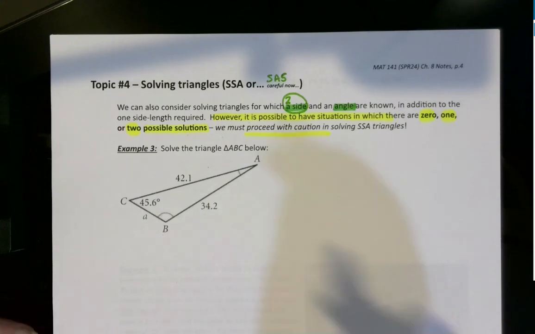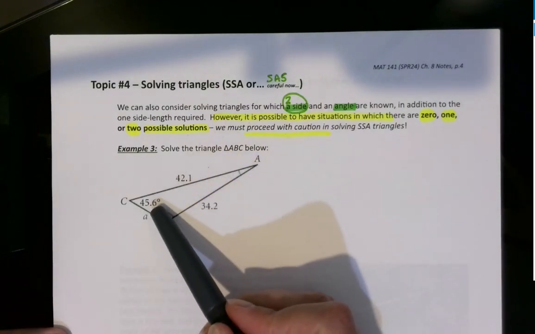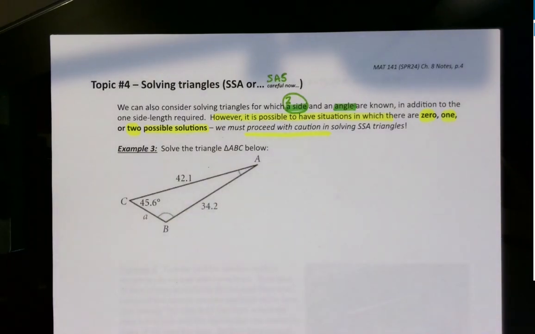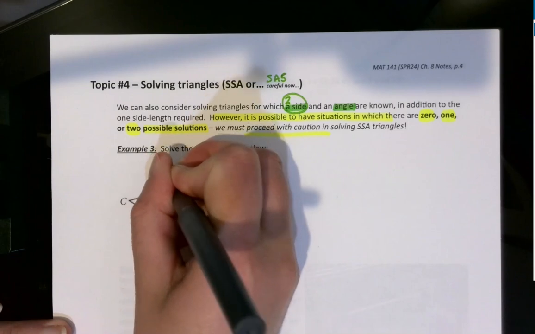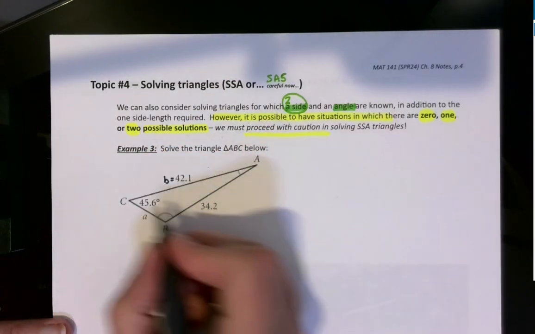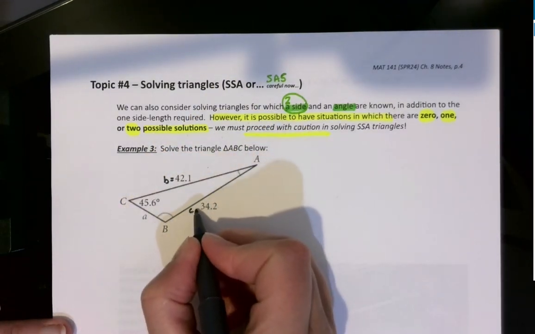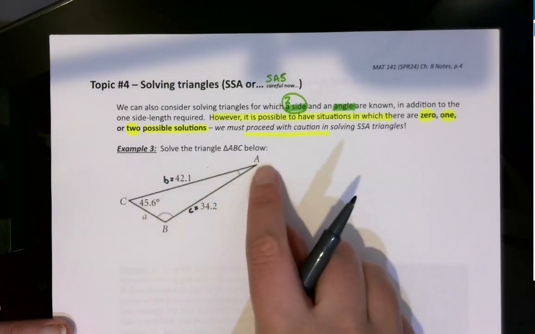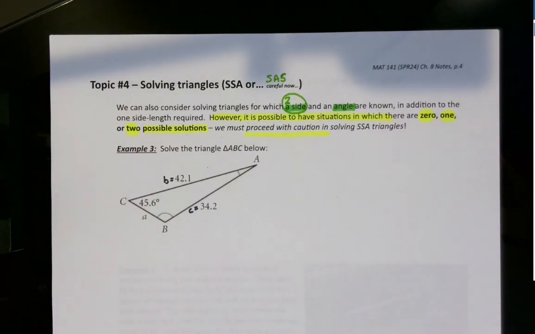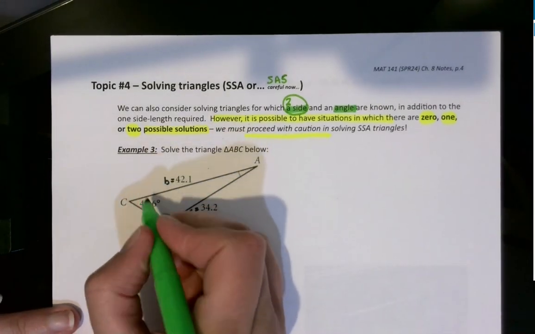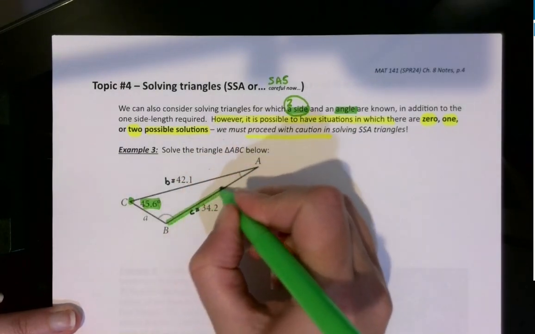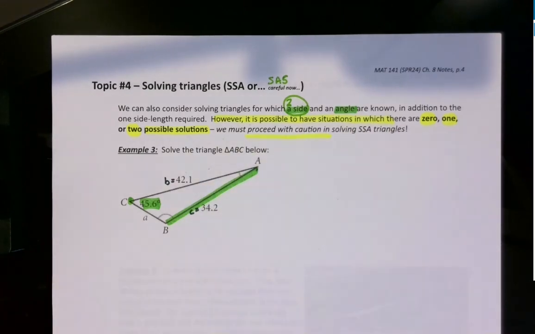All right, so in this first one, I know angle C. I do not know angle B or angle A, but I know side little b, and this must be side little c. I do not know anything about angle A or side A. So I am going to have to begin working with a pairing that's going to use angle C and side C, since that's the one complete pairing that I know.